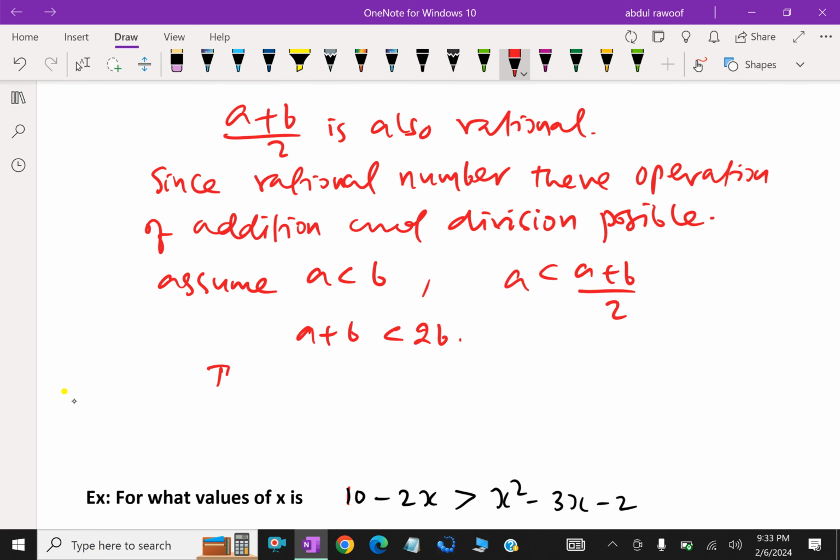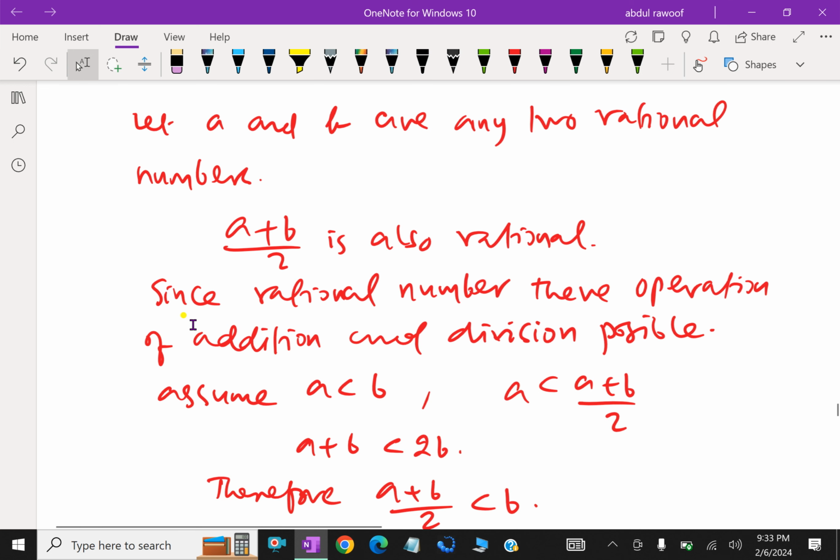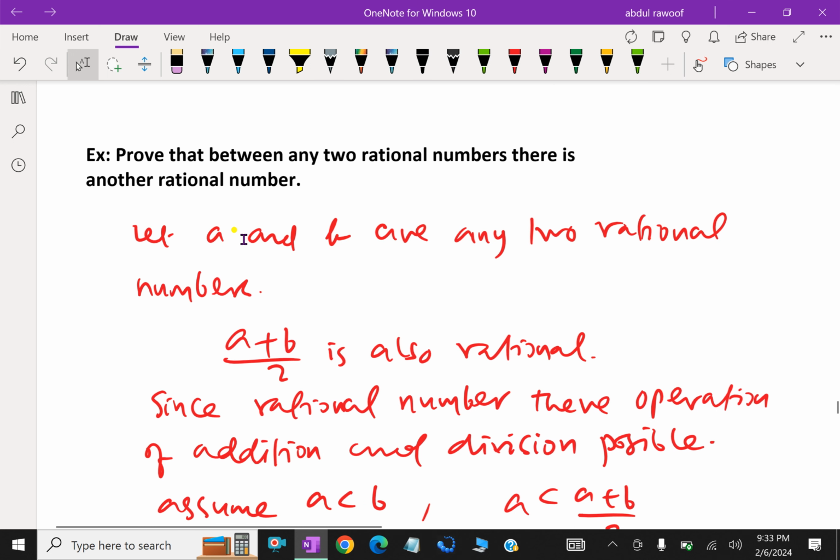Therefore we can say A plus B by 2 is lesser than B, which says there is a rational number between two rational numbers.